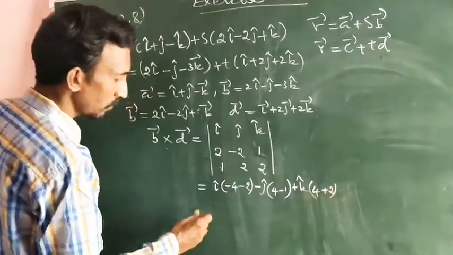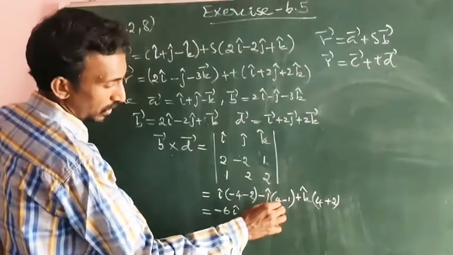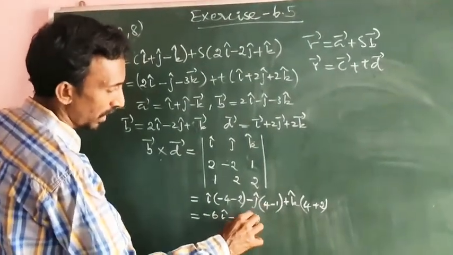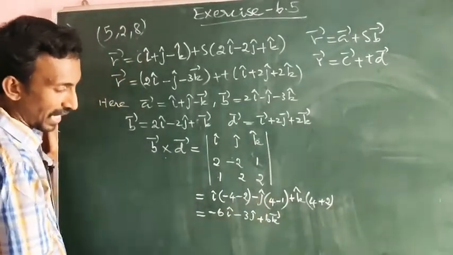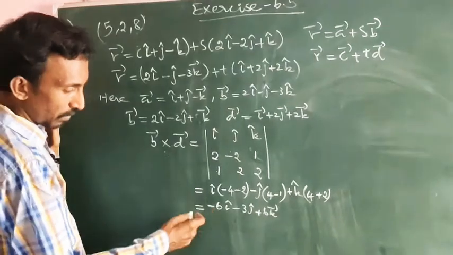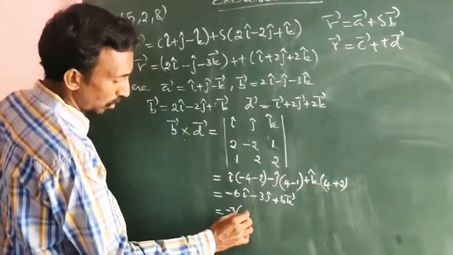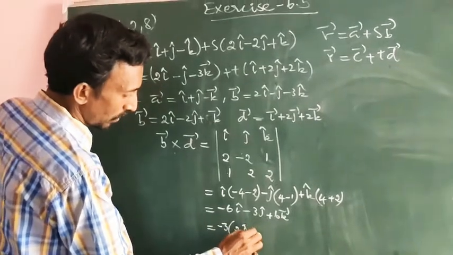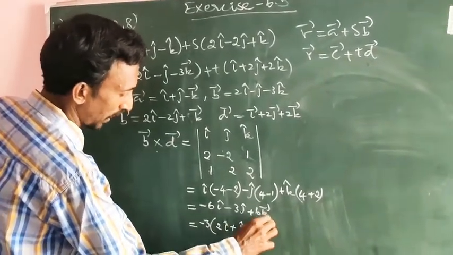So minus 6i minus 3j plus 6k. It is a scalar multiple; we can take minus 3 outside, so 2i plus j minus 2k.